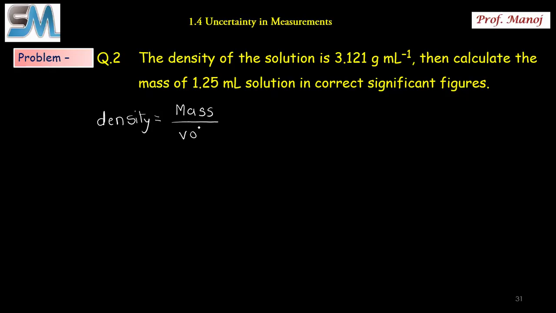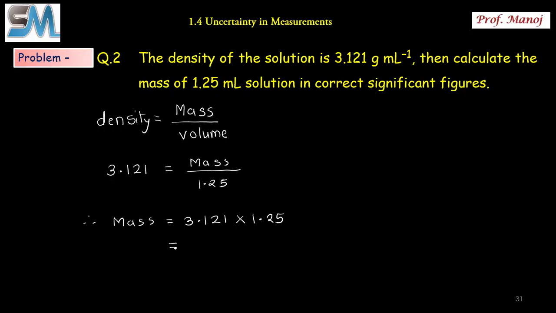So when you are doing the calculation, first is the formula. Density is given as 3.121. Calculate the mass. Mass is required. And the volume given to you is merely 1.25. So mass is going to be 3.121 multiplied by 1.25.